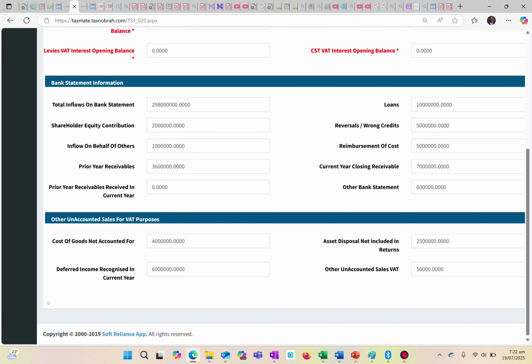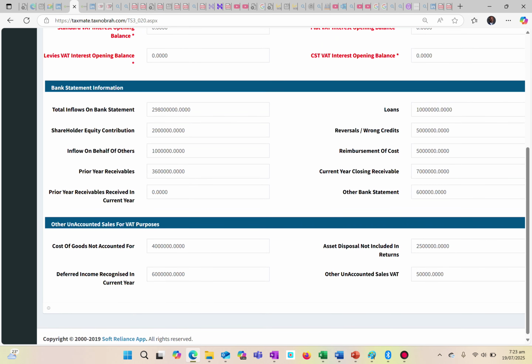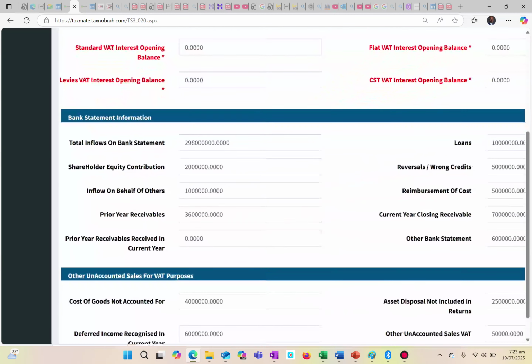Those credits are made up of either your revenue that has been paid to you, or a loan that you have taken, or a reversal of an entry, or a wrong credit that has come onto your account, or a reimbursement of a cost, or a client has made a payment to you to be paid on his behalf. Those are not your revenue. But if you're not able to segregate all this, GRA will put everything together as your revenue and tax you accordingly. So it is important that you're able to determine this segregation.